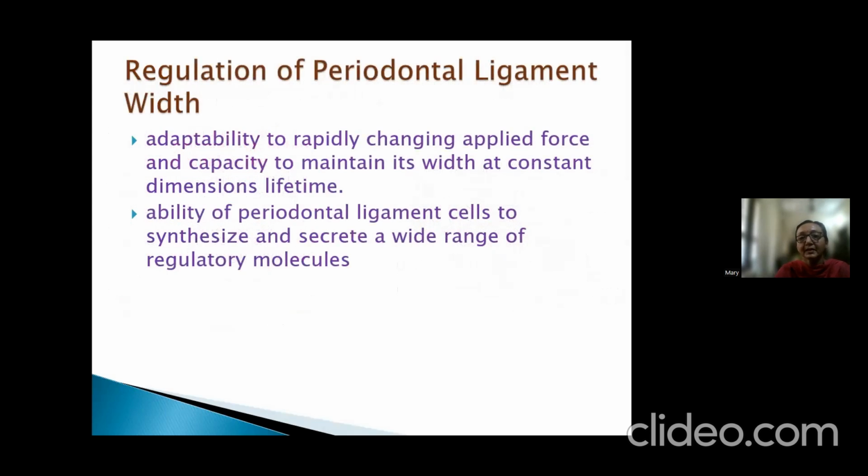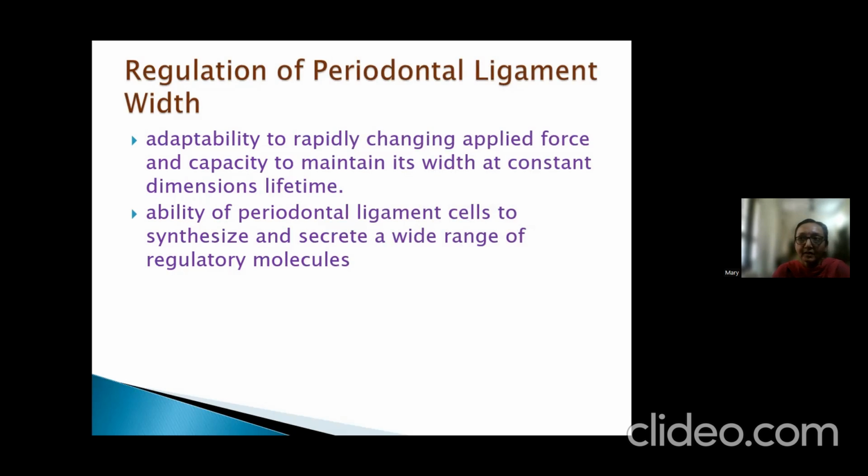Now, how does the periodontal ligament maintain its width? It has an adaptability, or rather a capacity to maintain its width at constant dimension throughout the lifetime of an individual. This ability to maintain the width is provided by a wide range of regulatory molecules which are present in the periodontal ligament.